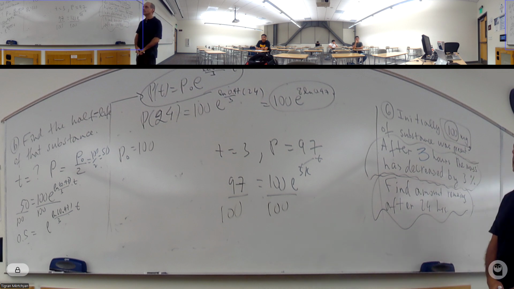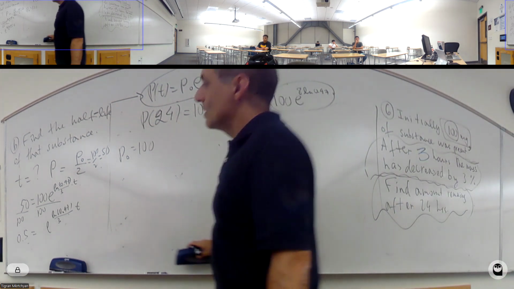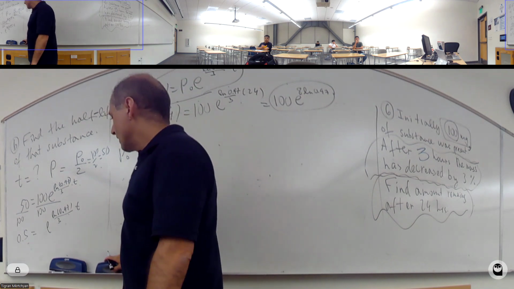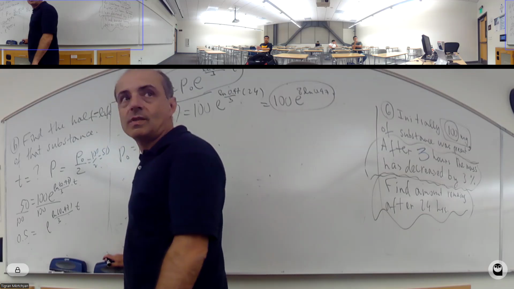Okay. Yeah, so continuing this problem with the 3 hours instead of 6 hours. So then we have this, then what is left is what? Take ln on what? Both sides.